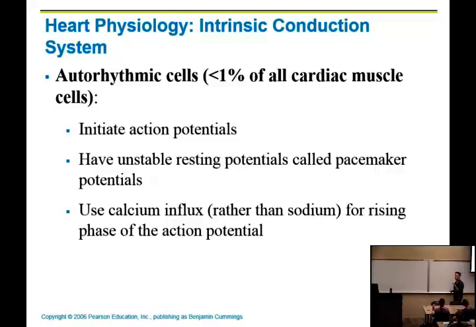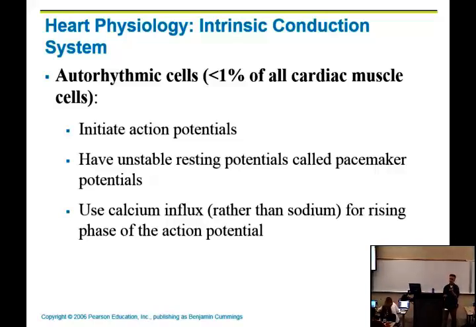The pacemaker of the heart is called the SA node, right? The sinoatrial node. It exists on the wall between those different atria. That is a big knot, a big core of these autorhythmic cells. They're all in that one area. But from there, there are other parts of the conduction system of the heart.